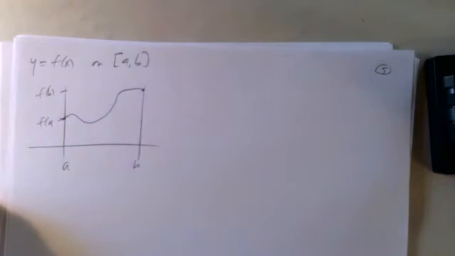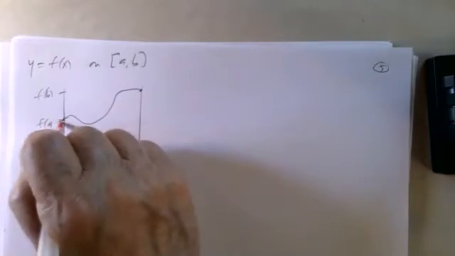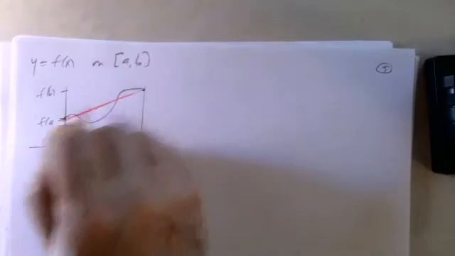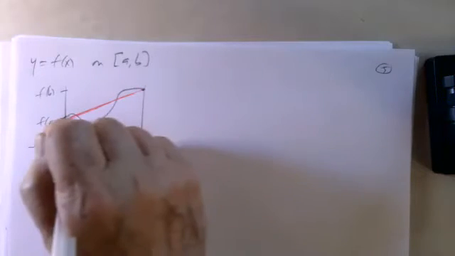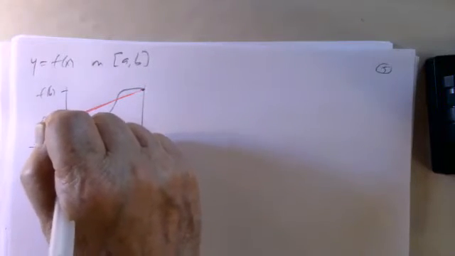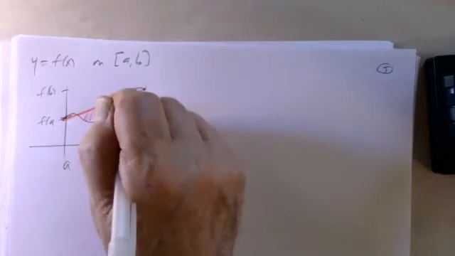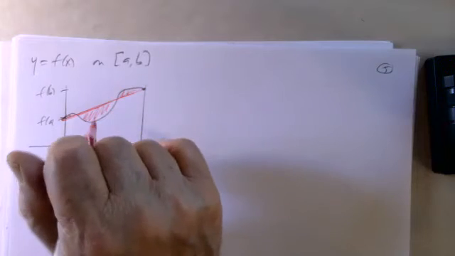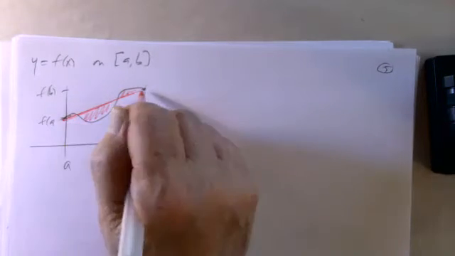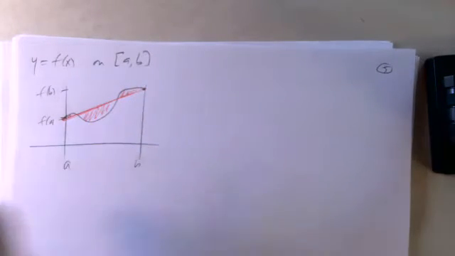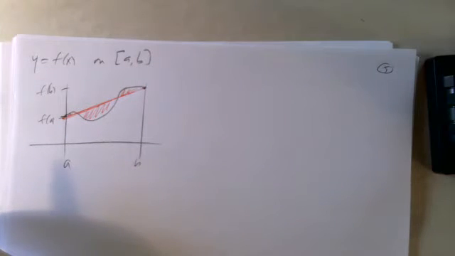But what you can do is draw this straight line from this point to this point and define a function which is the difference between f of x and this line. And this difference is 0 here and here, and apply Rolle's theorem, and you will get the mean value theorem.